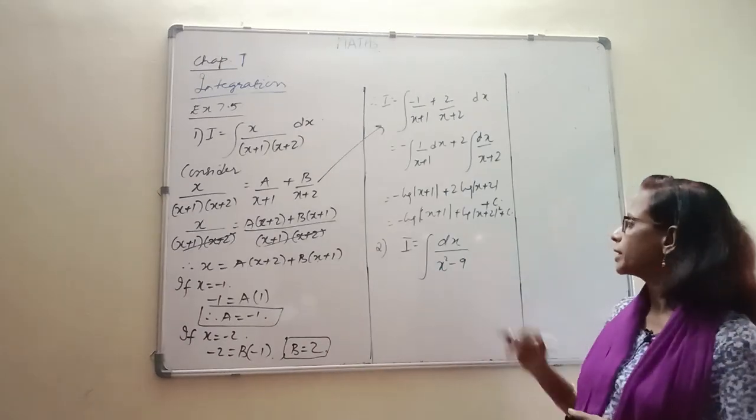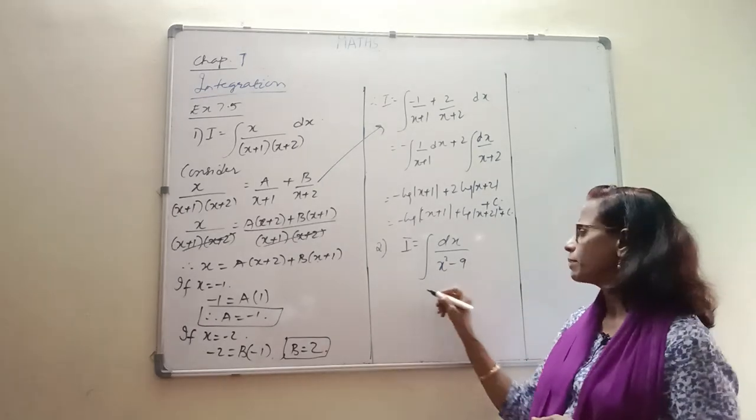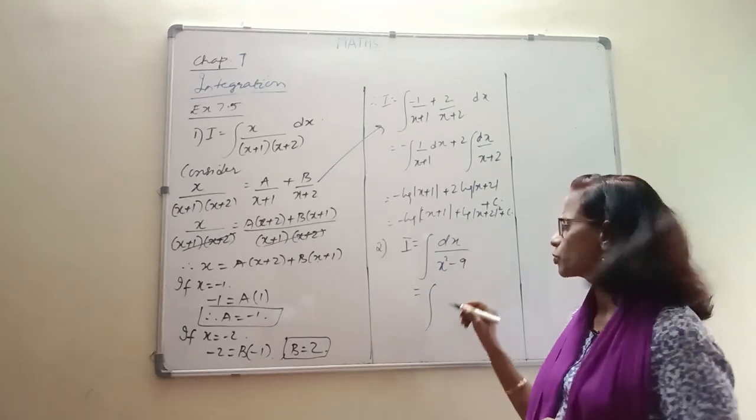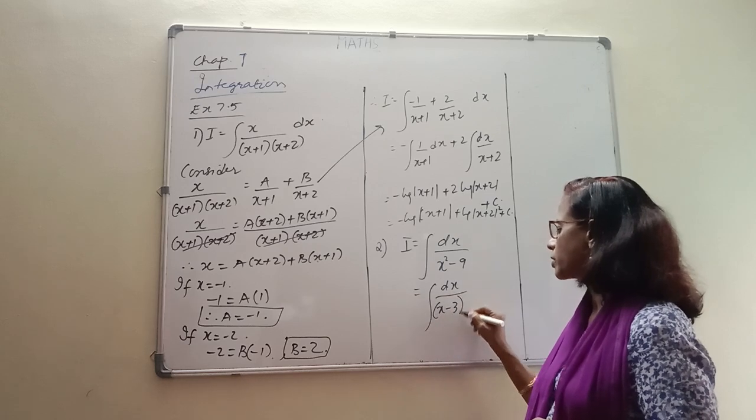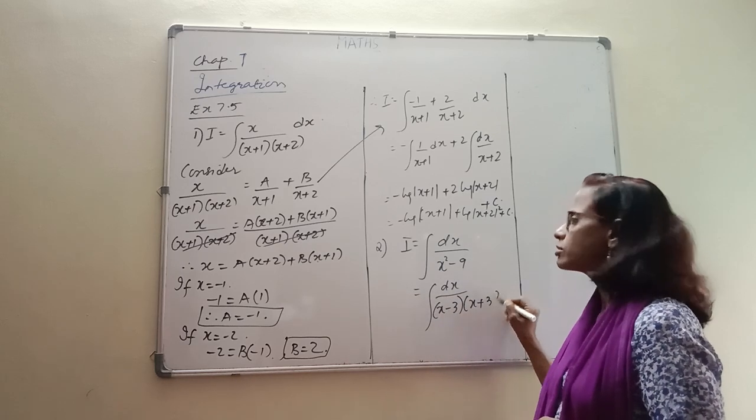So we know x square minus 9 is of the type a squared minus b squared, which always breaks as a minus b into a plus b. So x minus 3 into x plus 3. So it's of this type only.